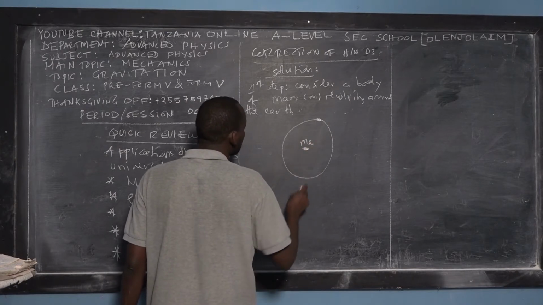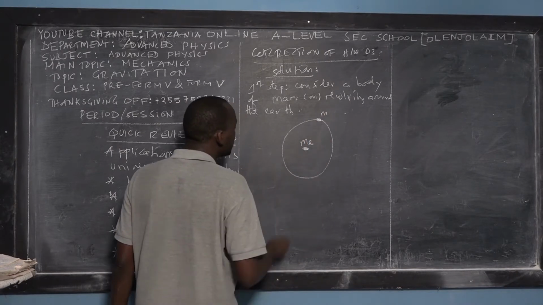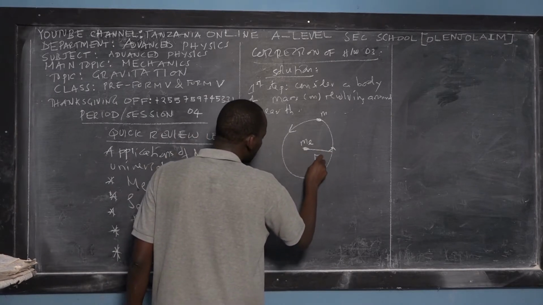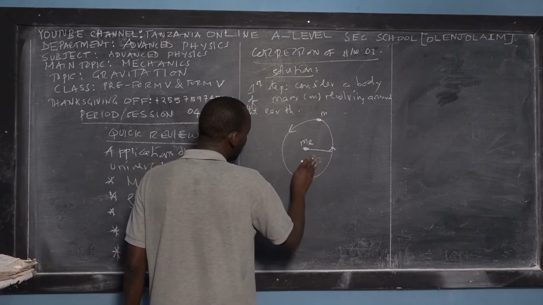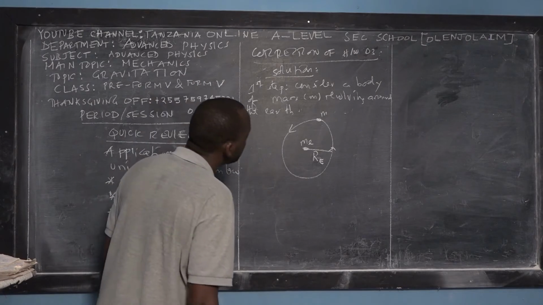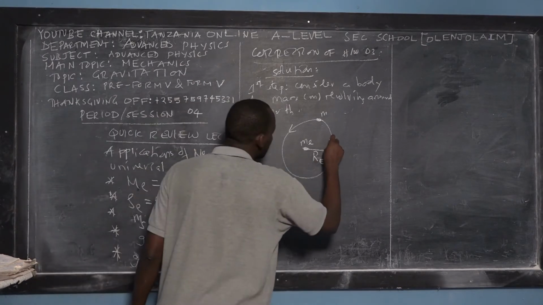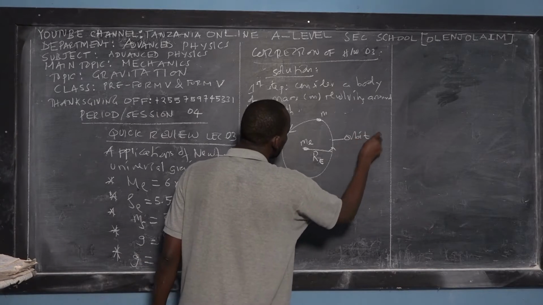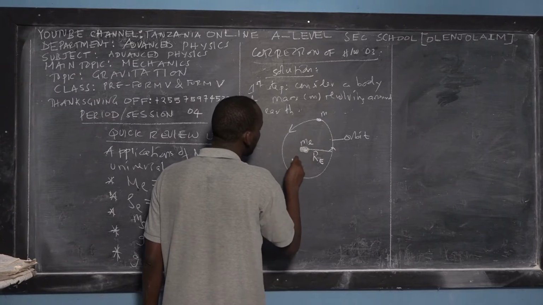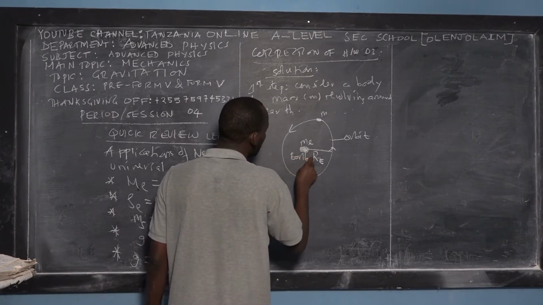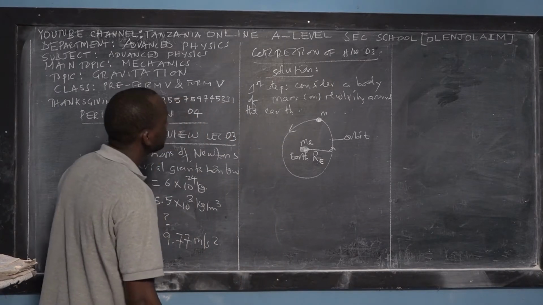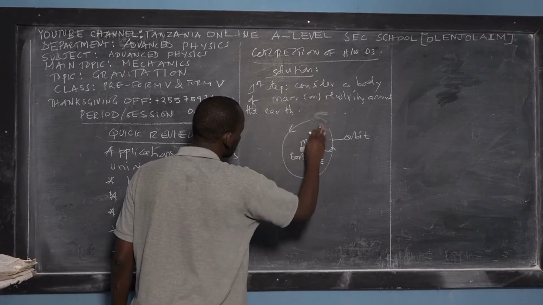Here we have the mass of the Earth, and here we have the mass of the body, and this is its own orbit. And here we have the radius of the Earth. You can use either, but because we have been given the symbols, we use capital R_E. So this is the orbit, and this is the Earth, and this is the body of mass M. So you can draw your circle clearly.